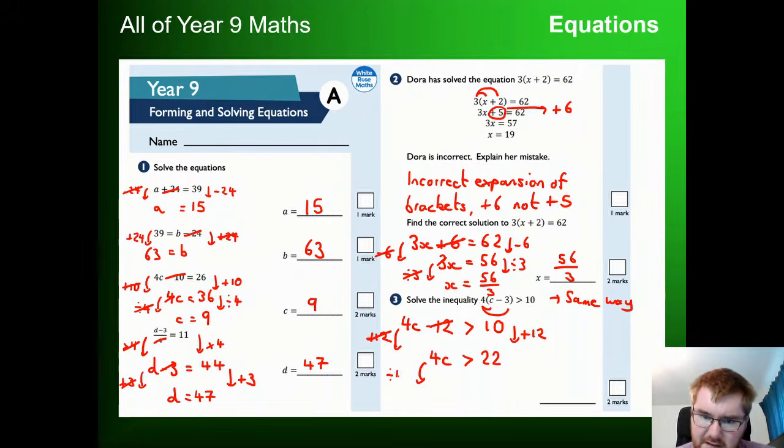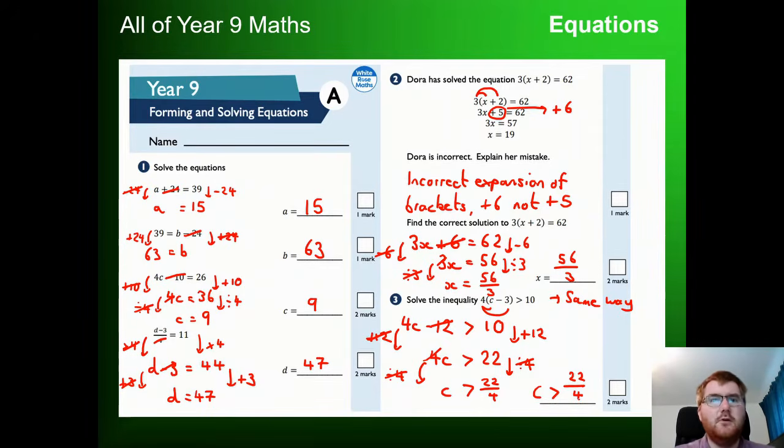Well, dividing 4 on both sides. This cancels. So this cancels over here, sorry. So that's c, and then we get 22 over 4. I was a bit too keen on cancelling everything. You can leave your answer as this. This is perfectly fine. Just make sure you have the right inequality symbol here. So c is greater than 22 over 4.